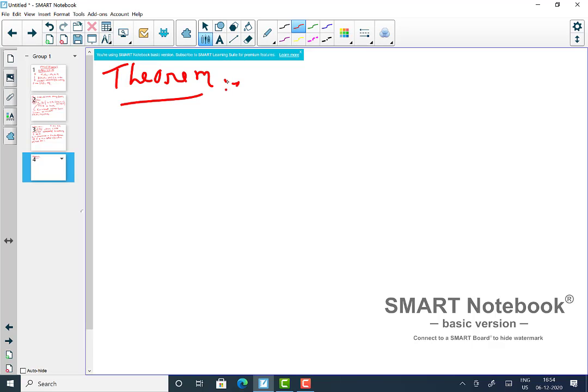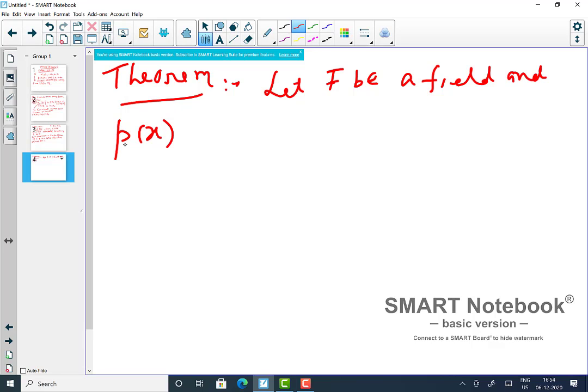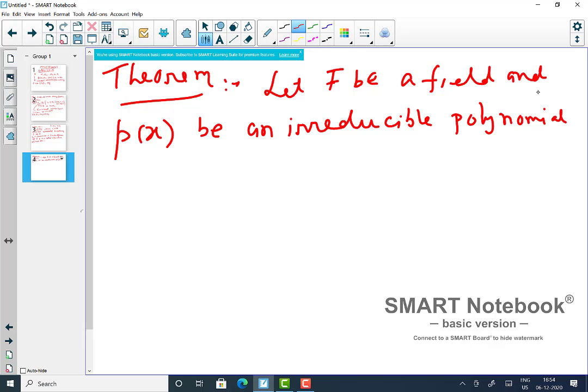Let F be a field, it can be anything, finite, infinite, doesn't matter, and let p(x) be an irreducible polynomial over F. That means it never factors over F, which you already know.